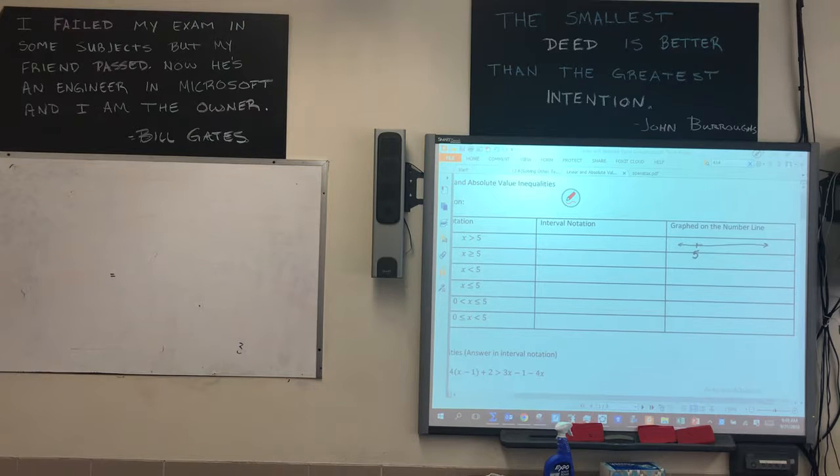To the right, correct? So I'm going to highlight all these numbers to the right of 5. But I've left out one thing that's important here. When I say x is greater than 5, we have what we call exclusion, meaning that 5 cannot be in that solution.